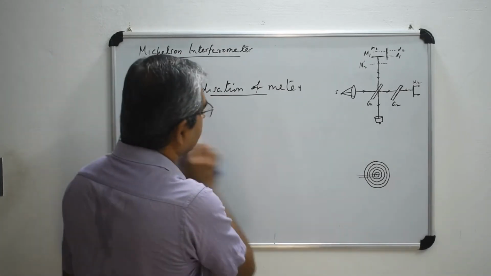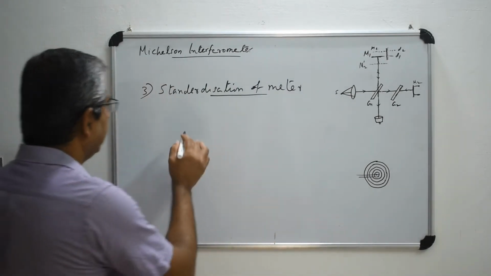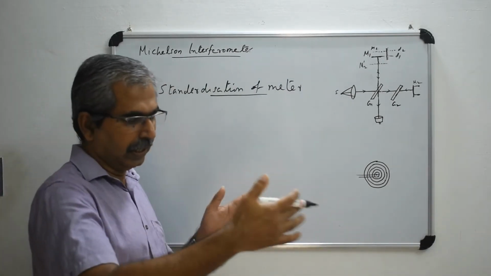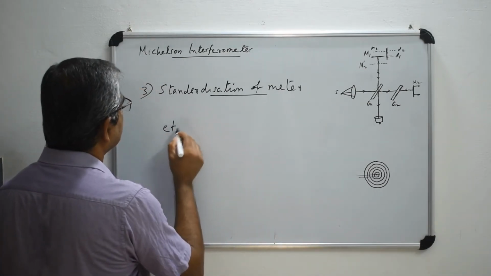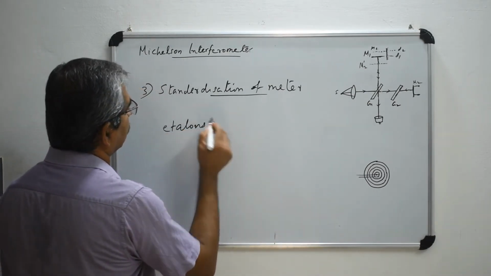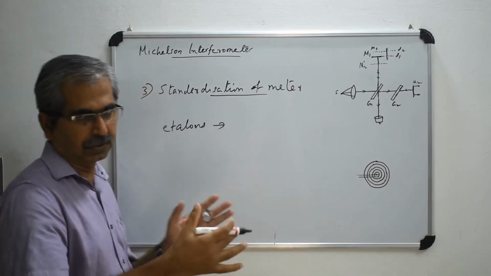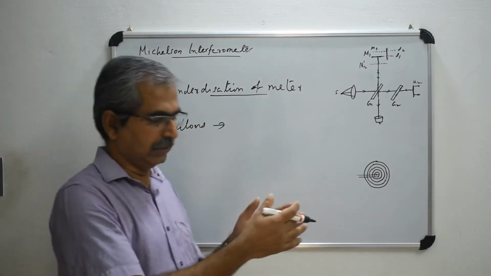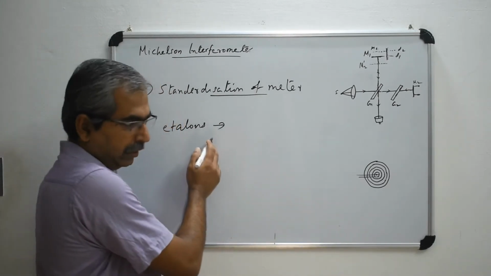So what is being done is that a meter scale is divided into a large number of subunits. They are called echelons. The meter scale is divided into different subsections, and they are called echelons.